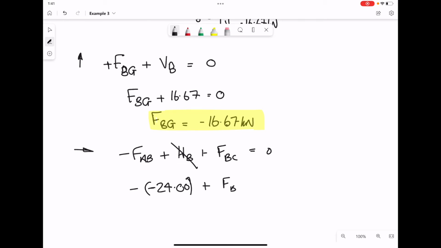Plus force BC equals 0. Minus 24 makes it positive 24, but then taking 24 over the equal sign makes it negative again. So force BC is equal to minus 24 kilonewtons.